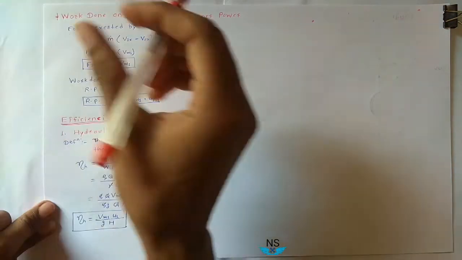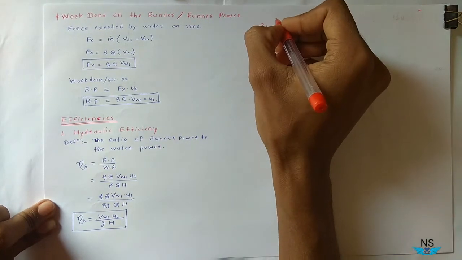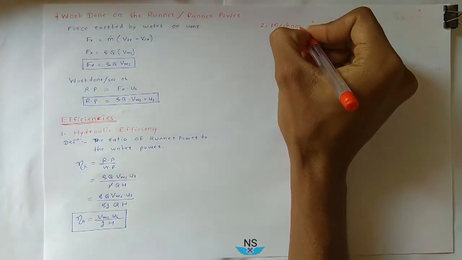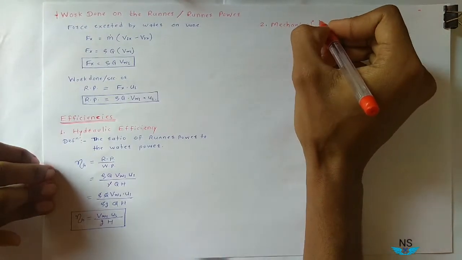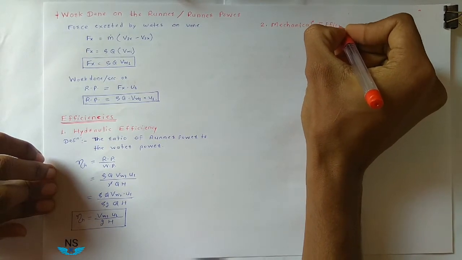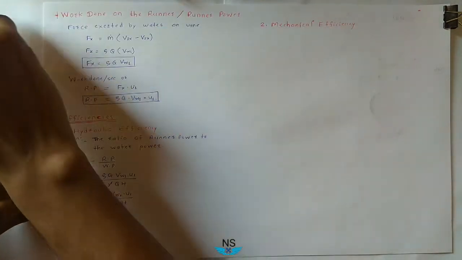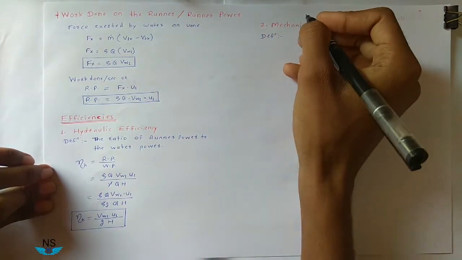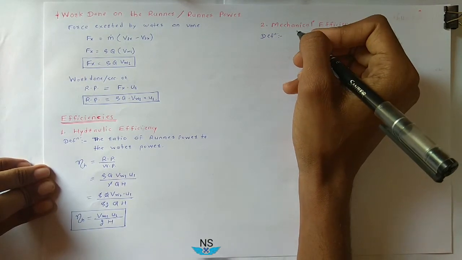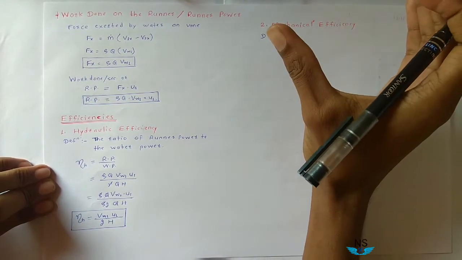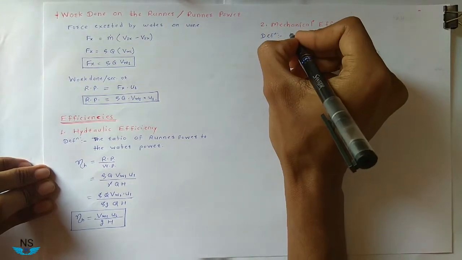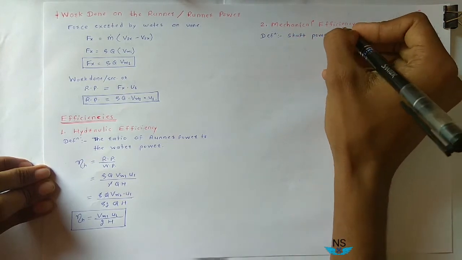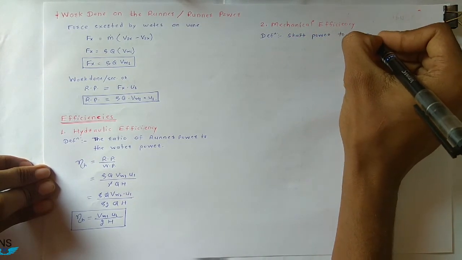Now the second efficiency is mechanical efficiency. Mechanical efficiency is defined as the ratio of shaft power, or brake power, or power available at the turbine shaft, to the runner power.